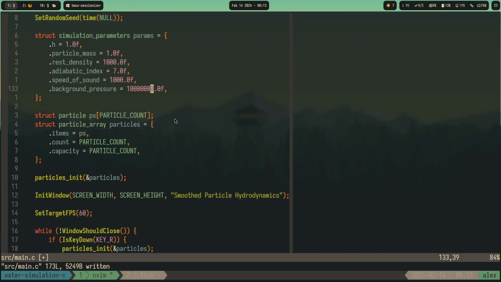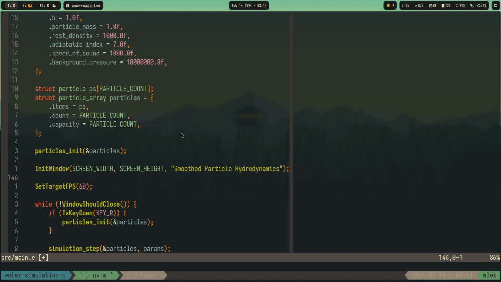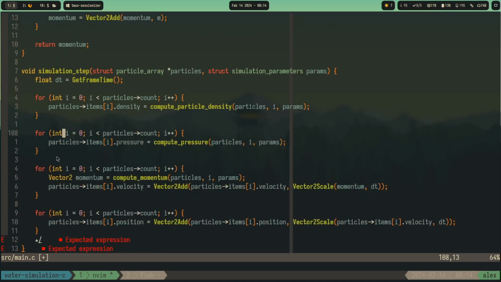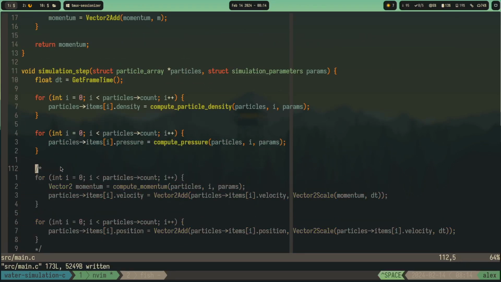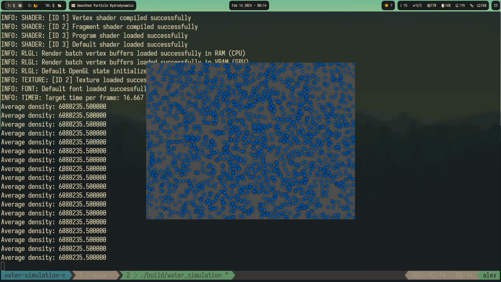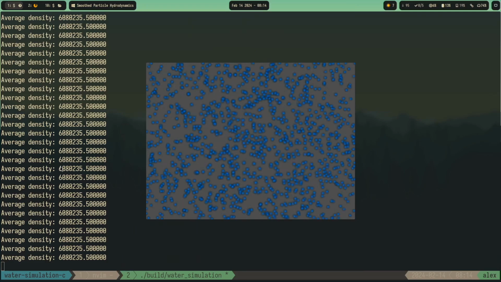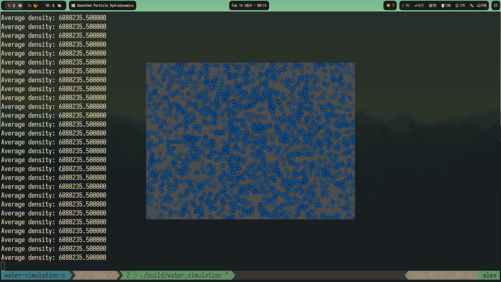Let's make these things one smaller. Pressure. So let's leave pressure in. Pressure is like whatever huge number. 60 million.